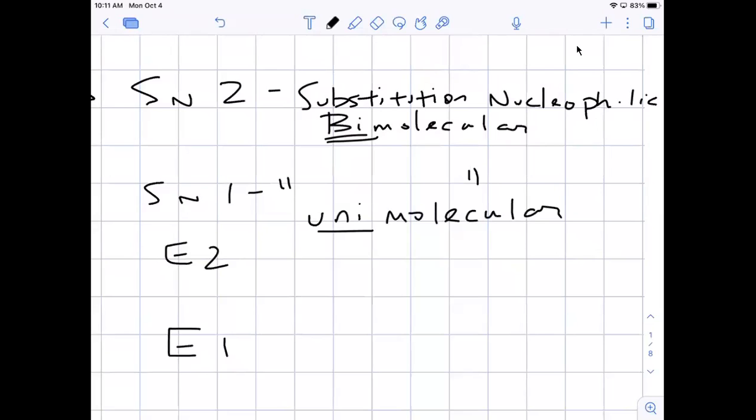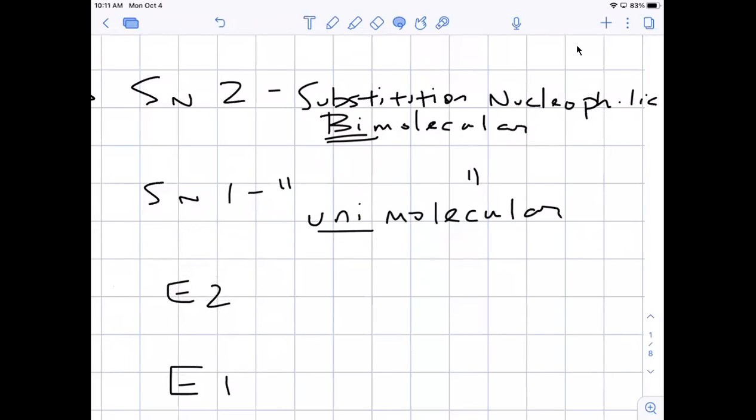And that difference in whether it's uni or bimolecular is going to determine the rate law, the factors that speed it up, the factors that slow it down. All of that is at play based on the reaction mechanism.